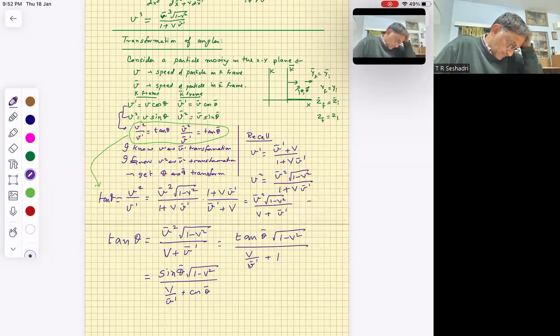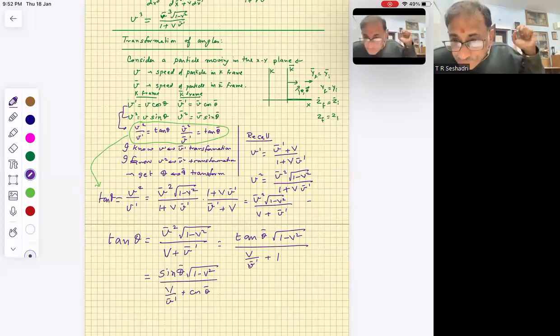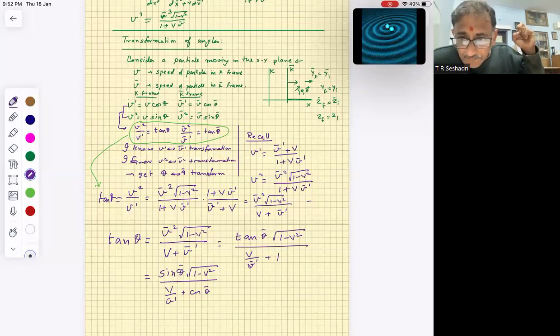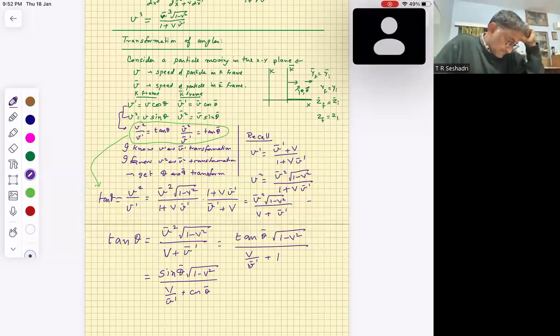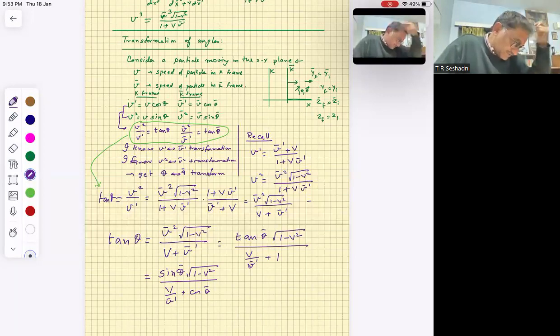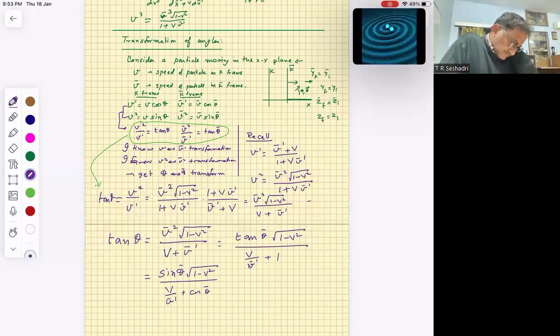We have taken out V bar 1 from the denominator. Sorry, there is something missing. I think in the denominator it's V by V bar and not just the 1. So where is the mistake? Cos theta bar plus V by V bar, not V bar 1, in the denominator.